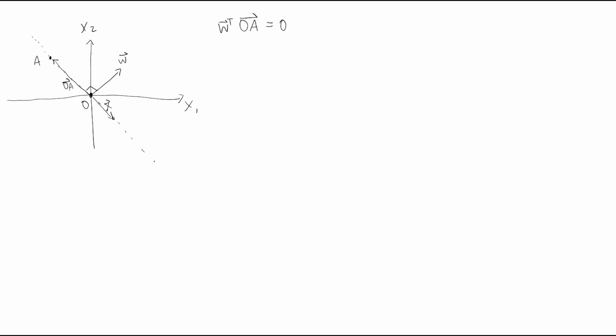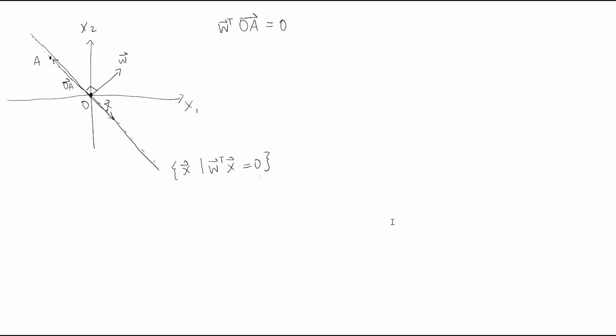So this line, or more generally the hyperplane, can be written as the set of points X such that W transpose X equals 0.